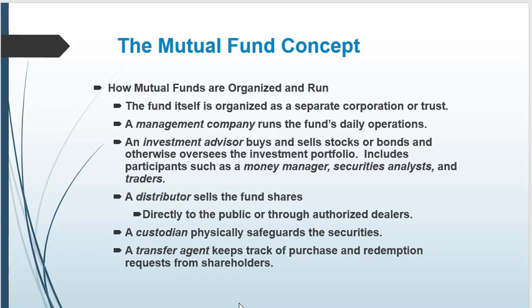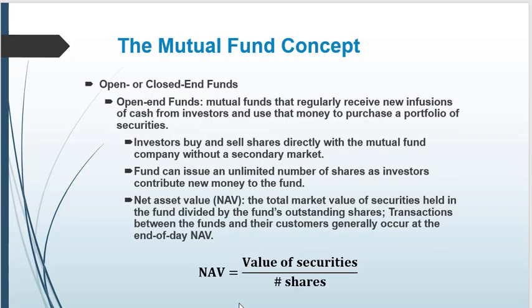So this is a corporation that has operations just like any other. But we have separated it into segments, just like most companies are separated into marketing, operations, and finance. We have different functions that are handled by different components of the company itself.